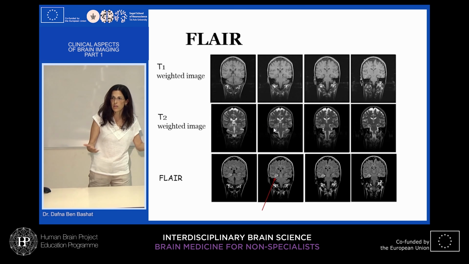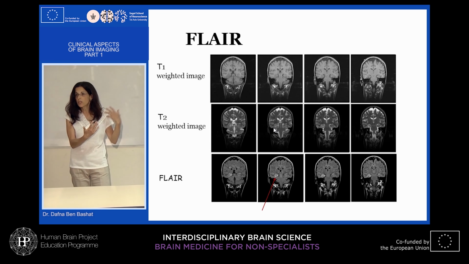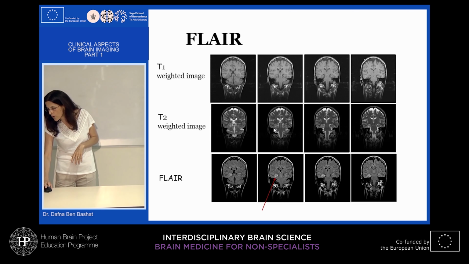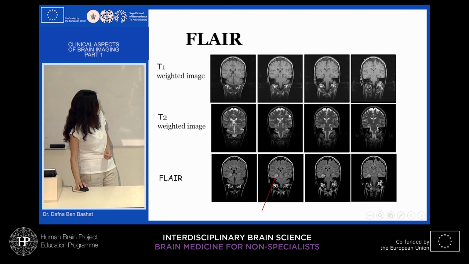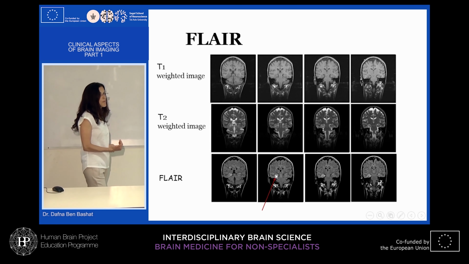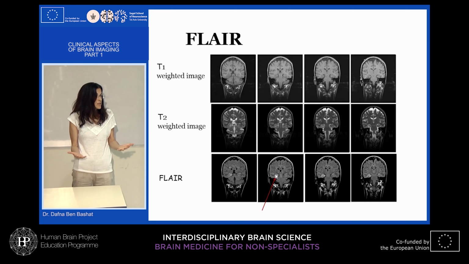You'll probably learn in psychology that if I give you white pictures and gray pictures, and then gray pictures and black pictures, we always do comparison. So if we have this bright signal of the CSF, the cerebral spinal fluid, we won't be able to see hyperintensity adjacent to those areas. But when we saturate them, it's very visible. So we have developed a lot of methods in MRI really to assist radiologists for easy detection.